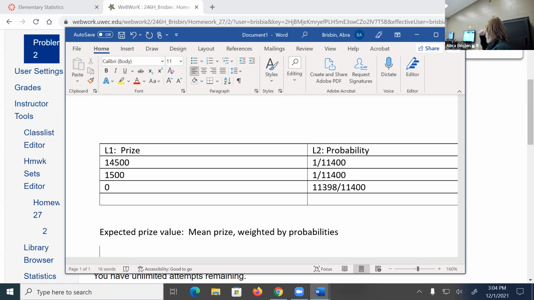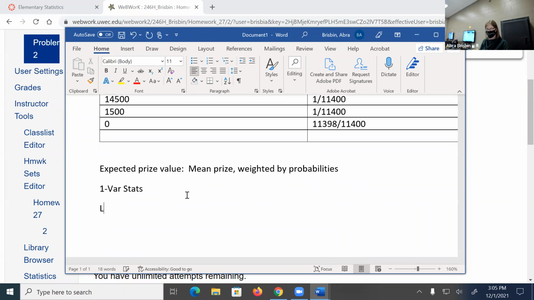So here's where we're going to use the one variable statistics again. And here's where you're actually going to use the frequency list. So you'll either do L1 as your main list, and then L2 as your frequency list.